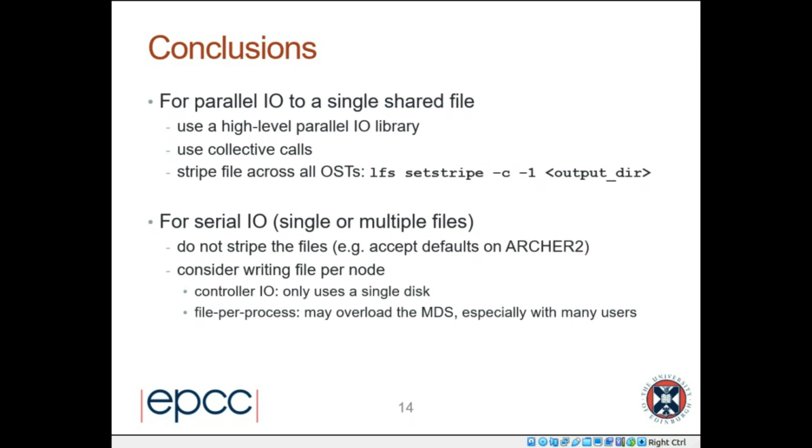Therefore, the right thing to do is to have the same number of aggregator nodes as OSTs, which is the default, and that would say you'll never get more than 12 gigabytes per second for collective parallel I/O. However, it might be that each OST can do more than 1 gigabyte per second, so we might want to raise that, and there is a way of independently changing the number of aggregators. It's a non-default setting, but you can change an environment variable. So I don't know, but I'm guessing maybe 20, but I don't know.